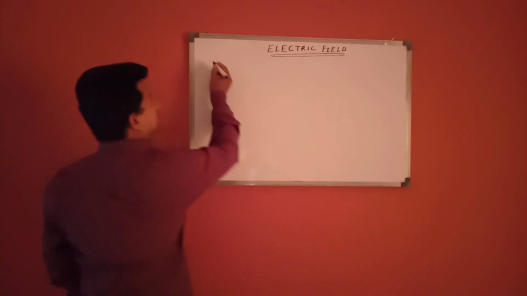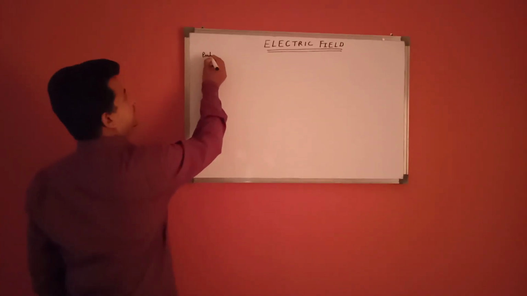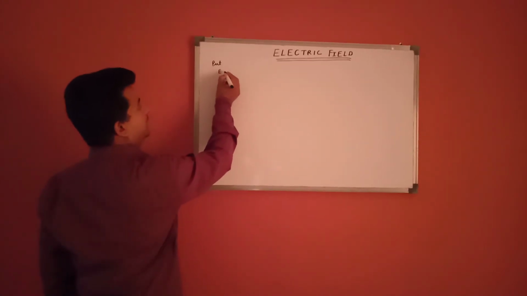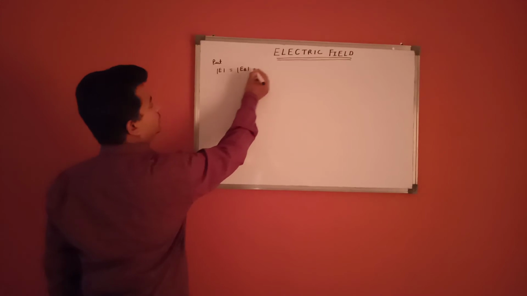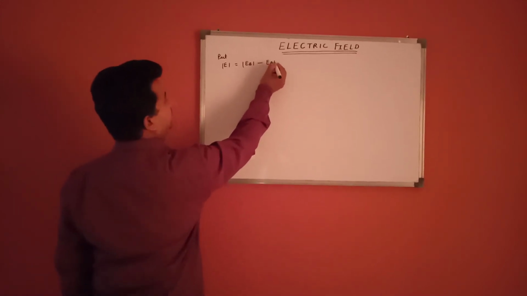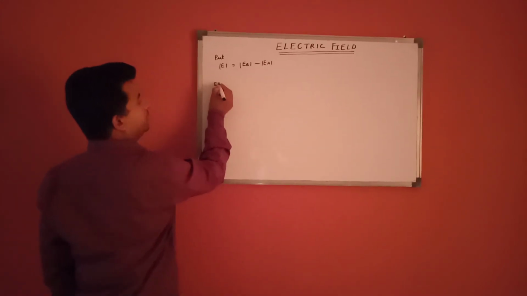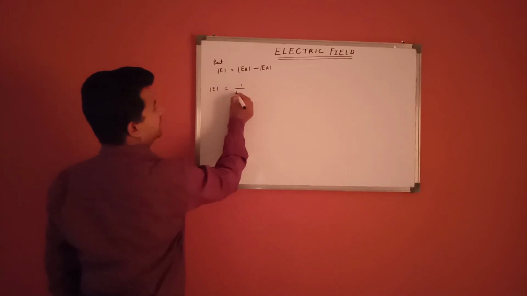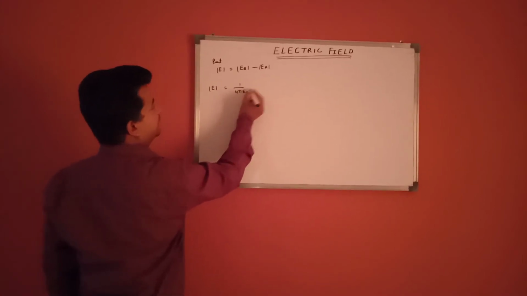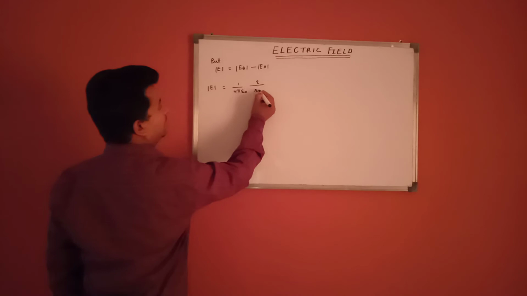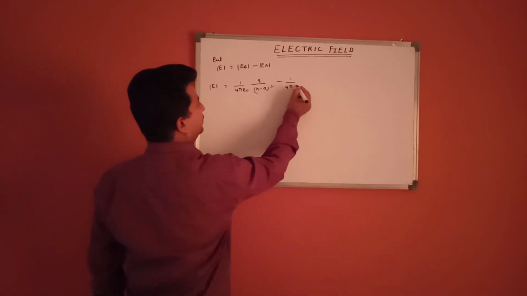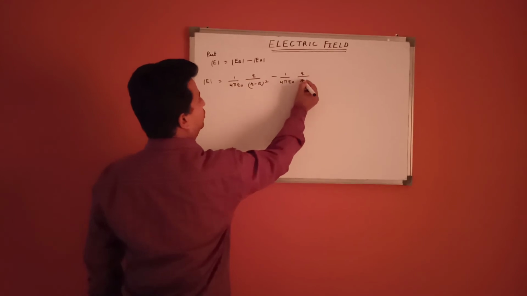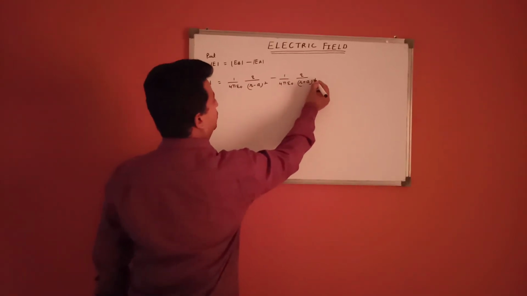Put these values of EA and EB in the equation E equals EB minus EA. Then the electric field on the axial line is E equals 1 by 4 pi epsilon naught times q upon (r minus a) whole squared minus 1 by 4 pi epsilon naught times q upon (r plus a) whole squared.